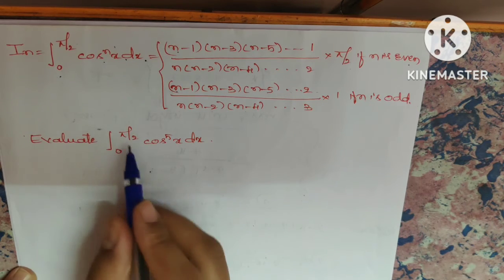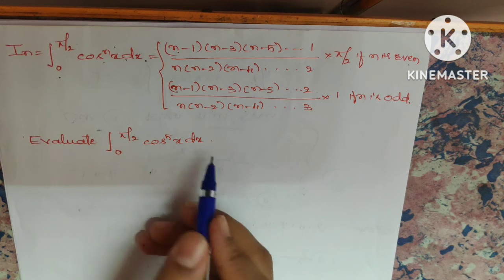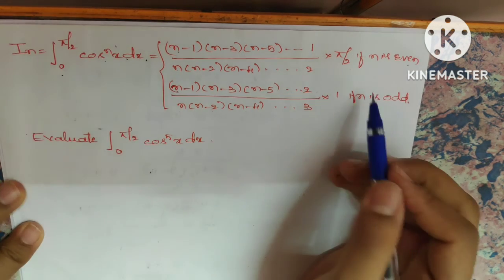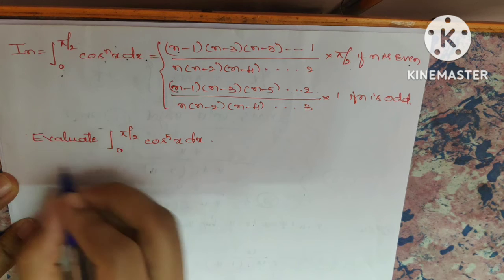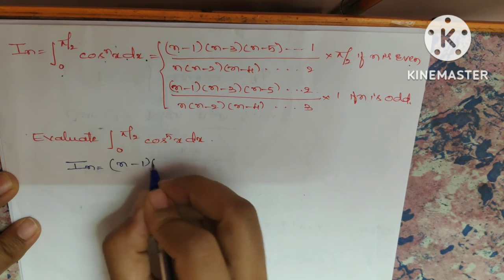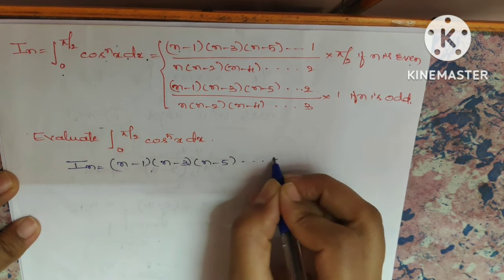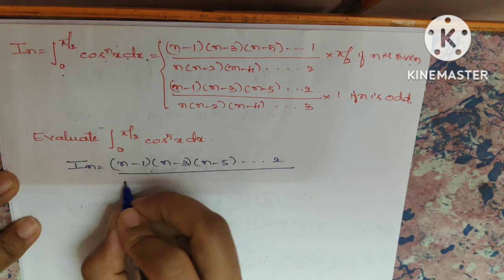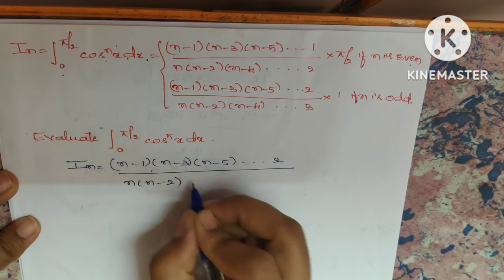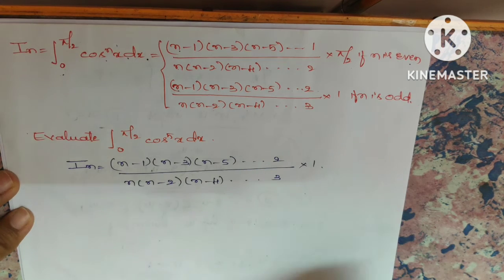Next, evaluate the integration from 0 to π/2 of cos^5 x dx. Here n is odd, so we have to use the formula I_n equals (n−1)(n−3)(n−5) and so on, 2, divided by n(n−2)(n−4) and so on, 3, times 1.